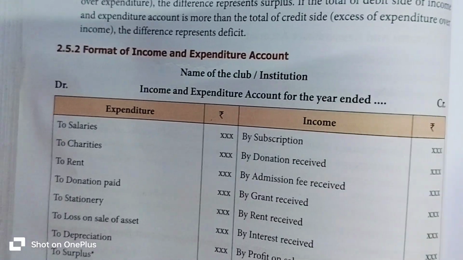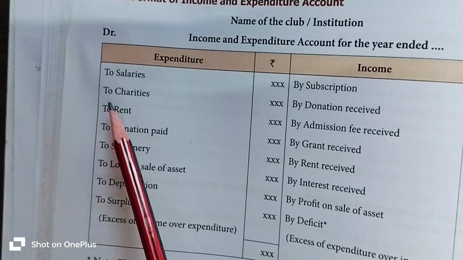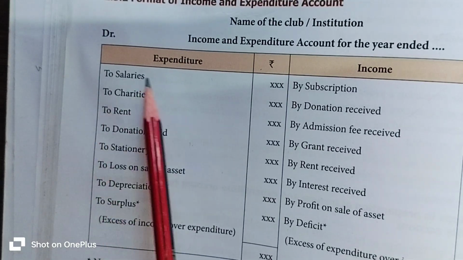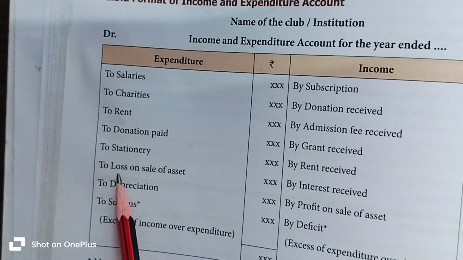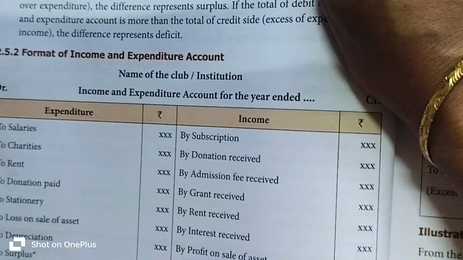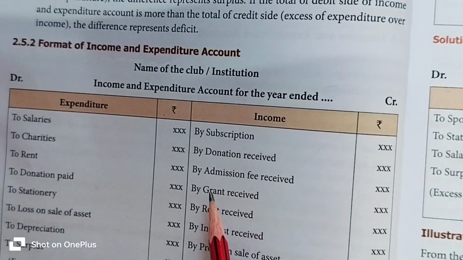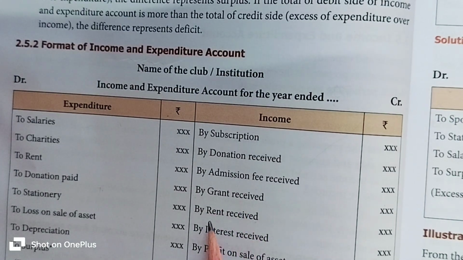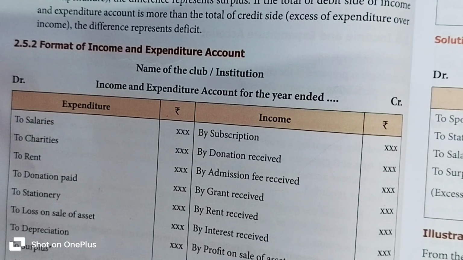Let's go to the expenditure side, the debit side. You have to write all the expenses: salaries, charities, rent, donation paid, stationery, and all the losses and depreciation. On the credit side, the income side, you enter subscriptions, donation received, admission fees received, grant received, rent received, interest received, profit on sale of asset.